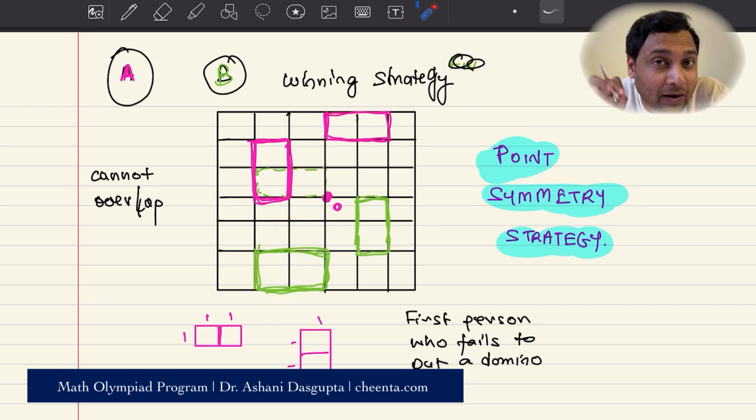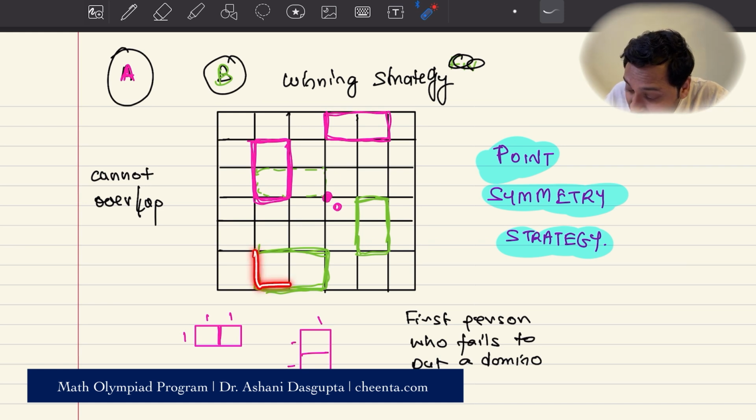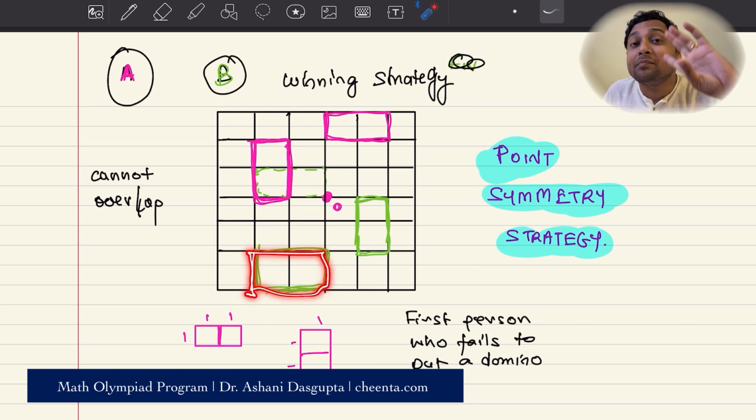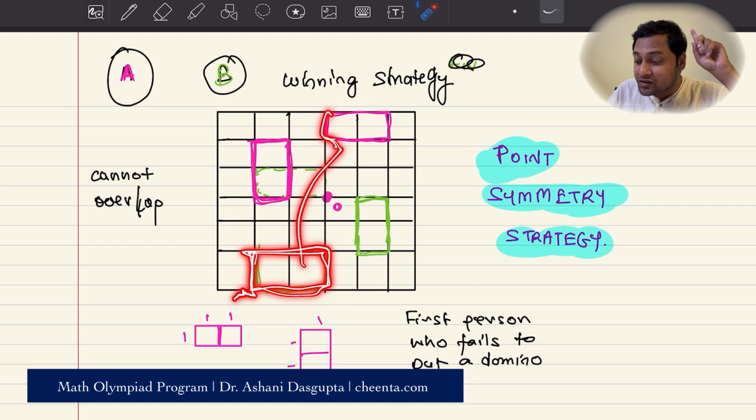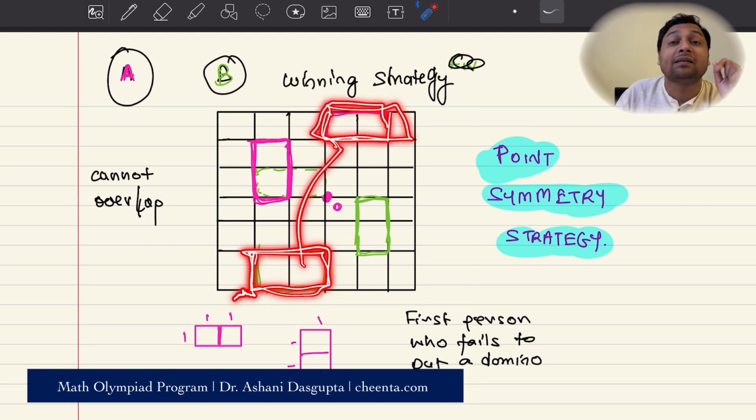This is the critical part. I want you to carefully understand this. Why this green domino spot is empty is the core of this entire argument. This green domino spot is empty because otherwise it's a contradiction. Otherwise, in the previous step, the first player must have put something here.